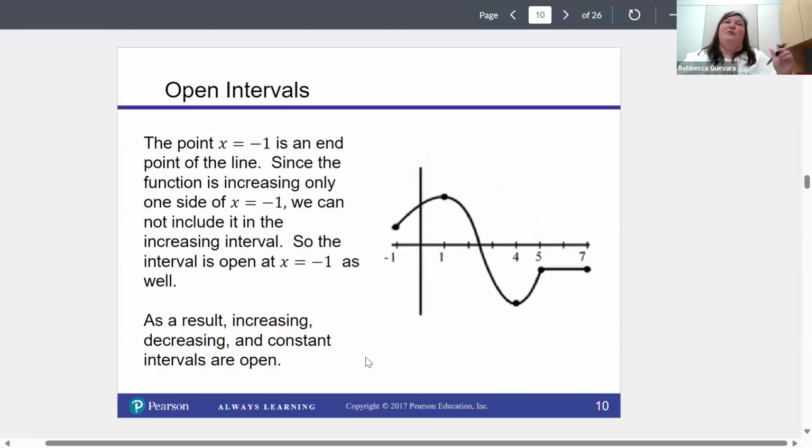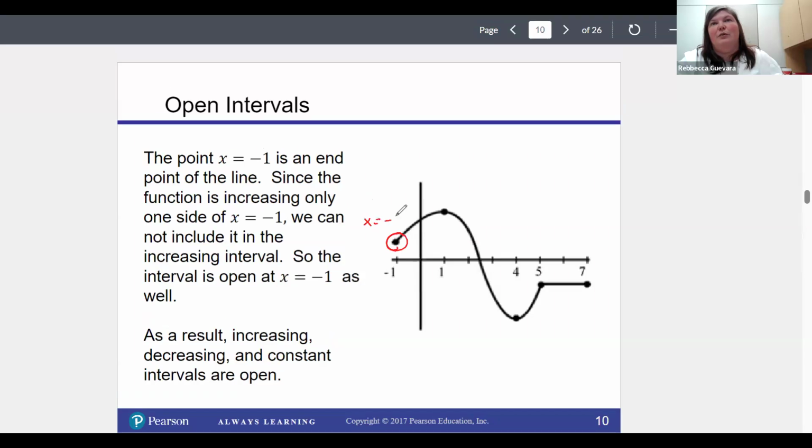Also, the endpoints do not get included either. If we look at this point here, x equals -1, it's definitely increasing on one side of it, but nothing's happening on this side. So I can't say that I'm constantly decreasing or increasing at that point, because I'm only increasing on one side and the other side has nothing.